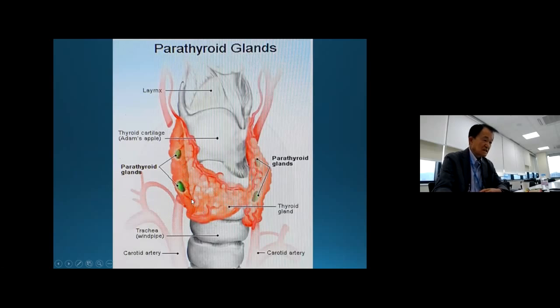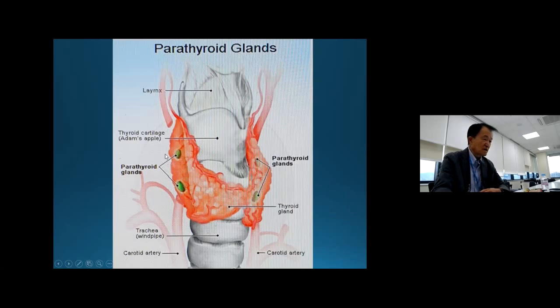The reason is that if there's an inferior parathyroid adenoma, they usually make a horizontal opening of about 2 centimeters, and then they can easily take it out, more likely right behind the right inferior pole of the thyroid, which is the most common adenoma location.